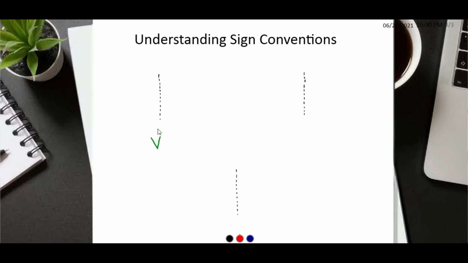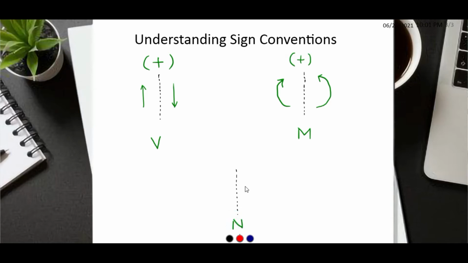For shear force, any force which is upwards on the left hand side of the section or downwards on the right hand side of the section is considered positive. For moment, any moment which tries to rotate the beam clockwise on the left hand side of the section or counterclockwise on the right hand side of the section is considered positive.